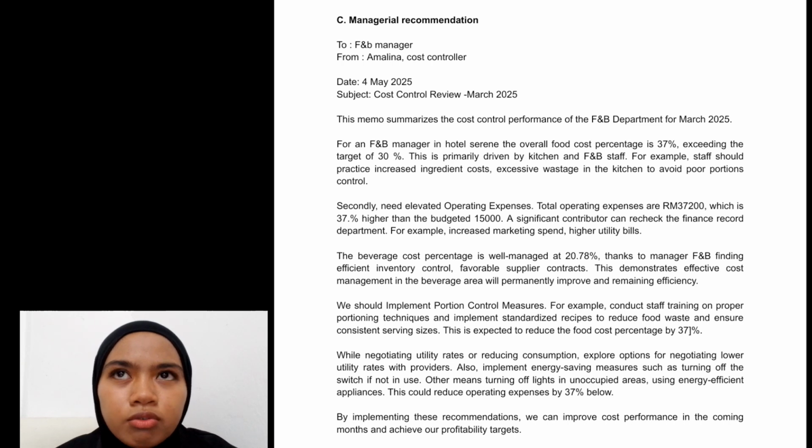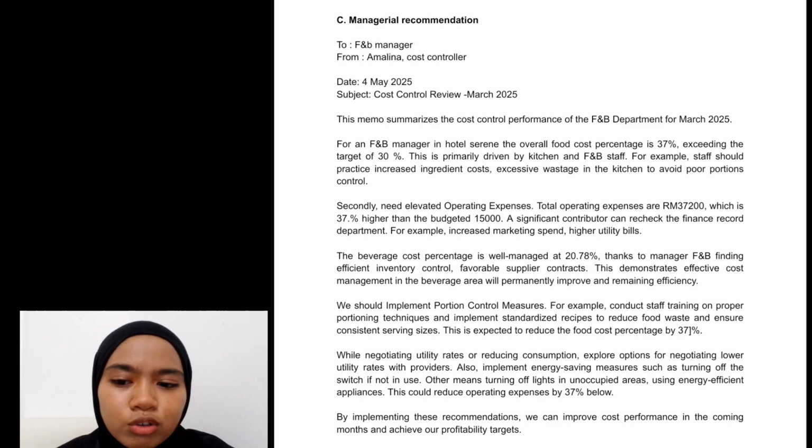And while managing utility rates by reducing consumption, explore options for lower utility rates with the provider. Also implement energy saving measures, such as turning off the switch if not used, turning off lights in unused areas and using energy efficiently.